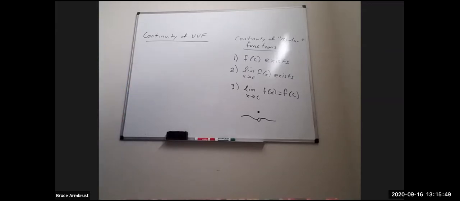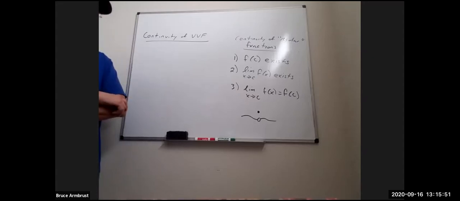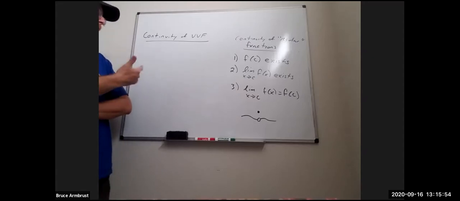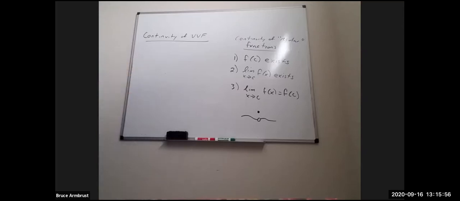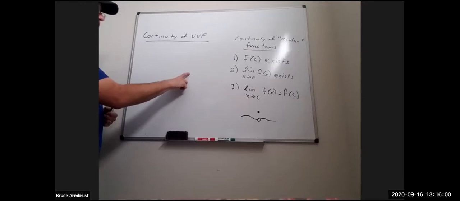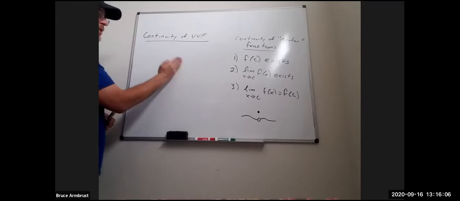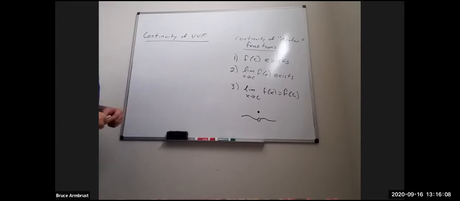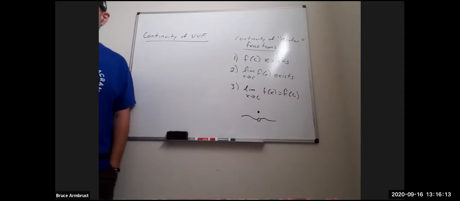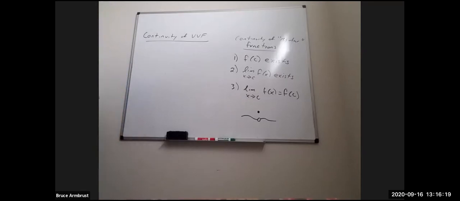Well, we'll talk about that more, but in reality, you plug in a c and you get a vector. You plug in another value, you get another vector and another vector, right? So you're just getting a whole series of vectors. What does that even mean to be continuous? It's not like we can draw it without lifting up your pencil, right?